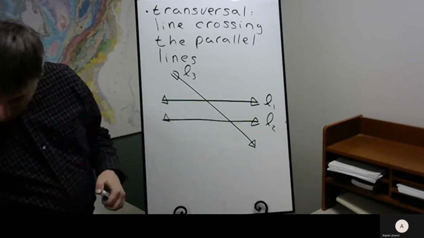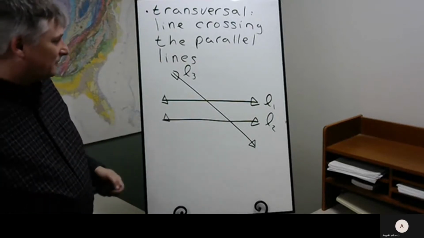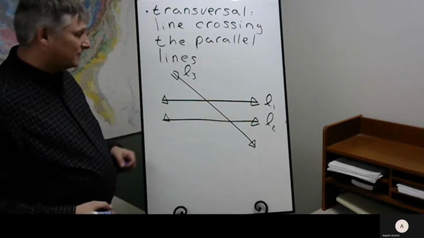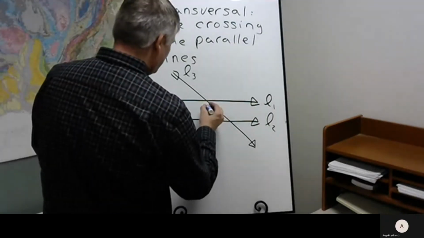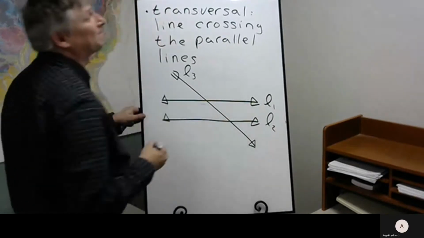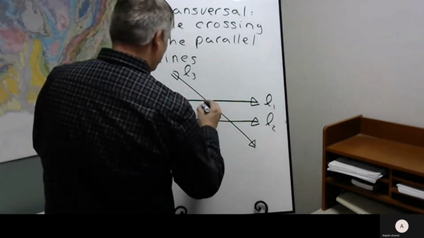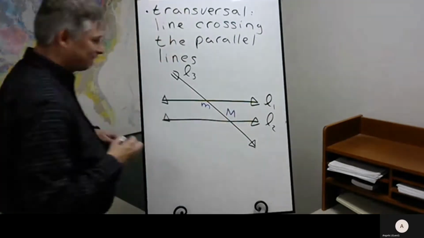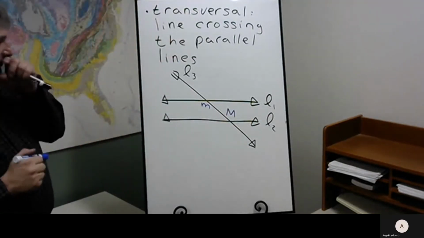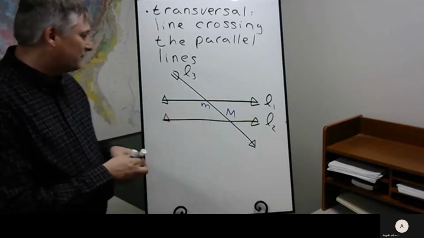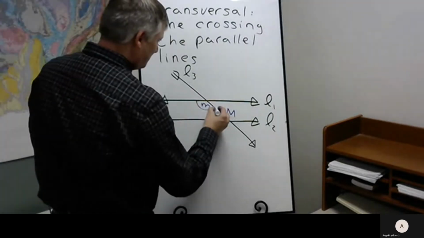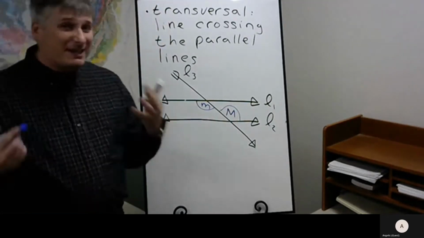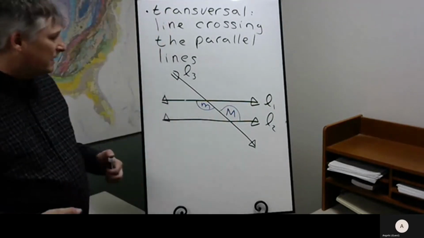So first off, let's take a look at the angles on the inside between the parallel lines. So let's call this one, let's say, m and capital M. So these are angles that are between or on the inside of the parallel lines.